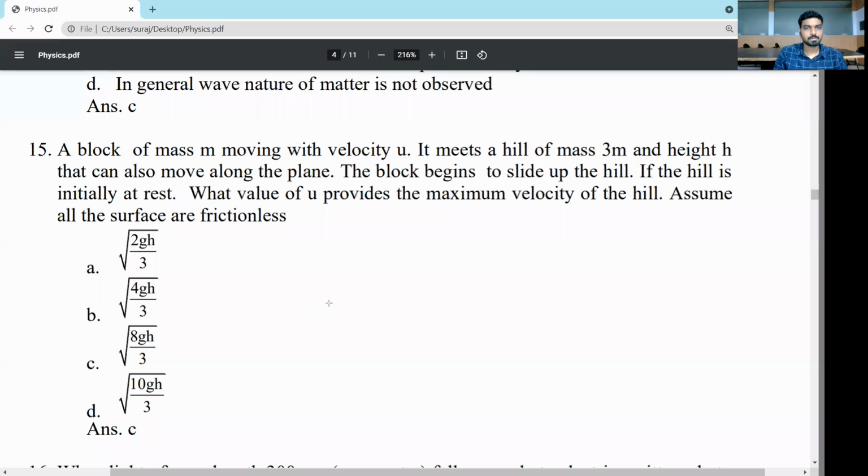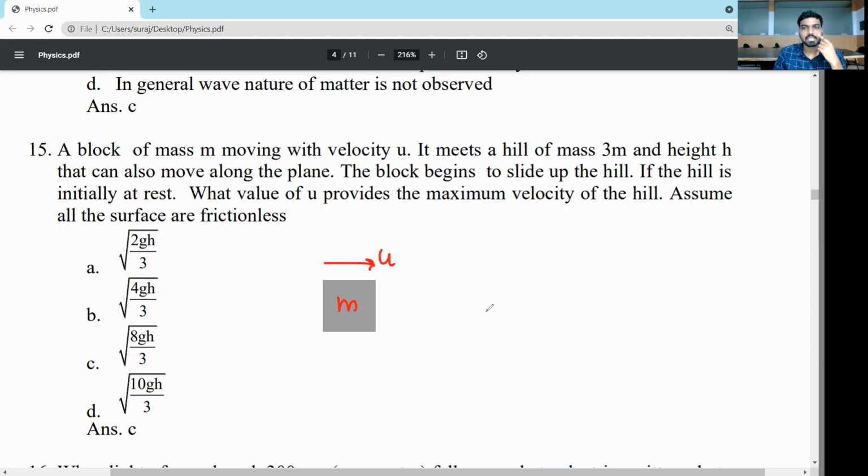So there's a block, mass is given as m, moving with velocity u. It meets a hill of mass 3m and height h that can also move along the plane.